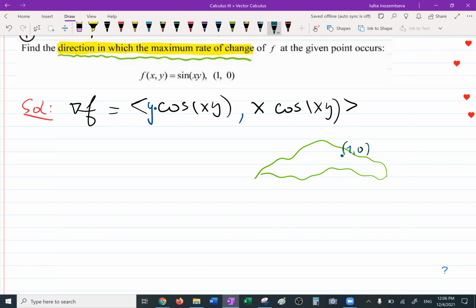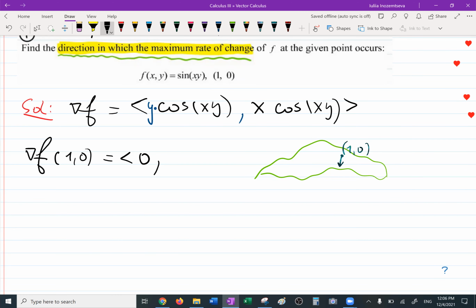The gradient is a collection of all derivatives, so rates of change, and it points at the fastest way to go down. That is the maximum rate of change. So I'm just going to plug 1 and 0 into this vector, and it gives you the direction. It will point, go there. And the ball, when you throw it on top of this three-dimensional object, will follow that direction.